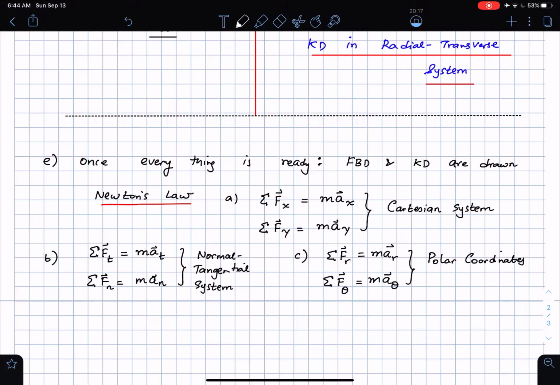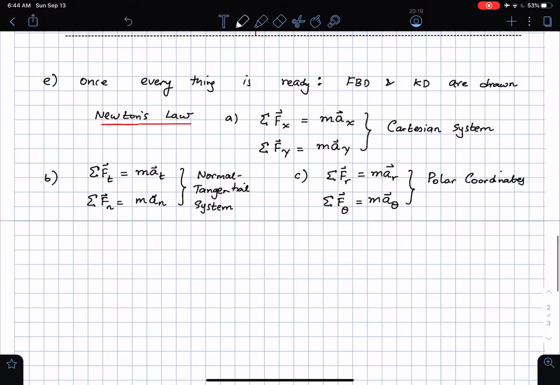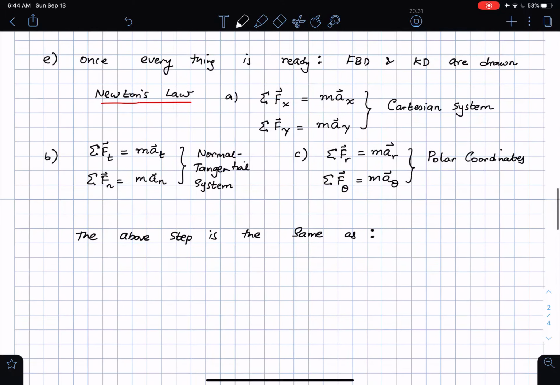The above step is the same as the following: the sum of all the forces in the free body diagram being equal to the sum of all the forces in the kinetic diagram.